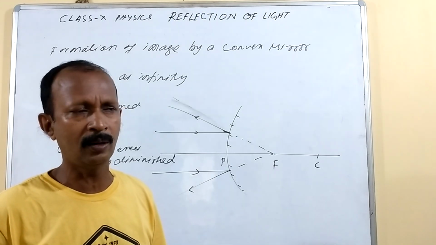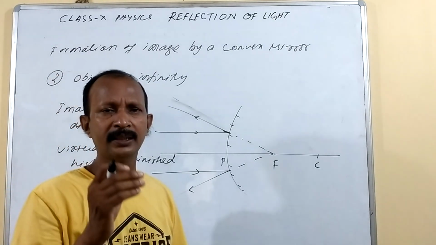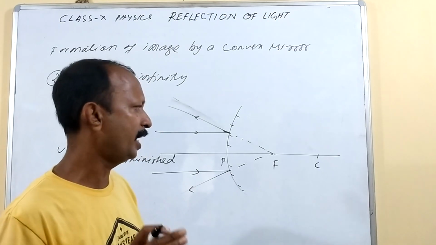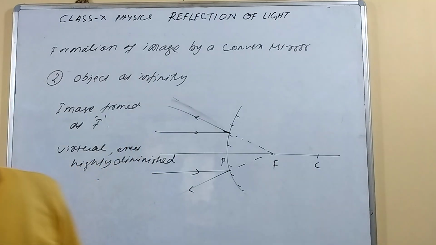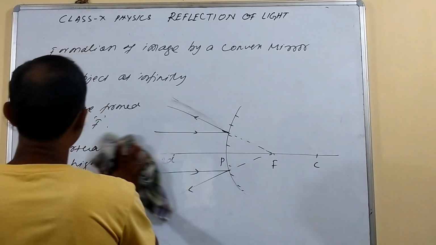And so far as the distance infinity is concerned, the image formed is a point-sized image, or highly diminished, I can say. These are the two types of image formation by a convex mirror.